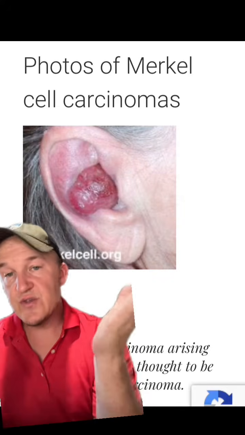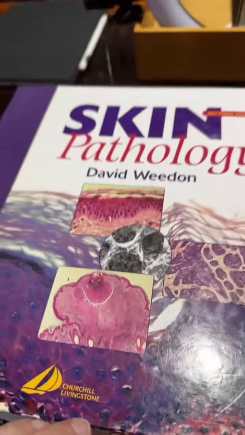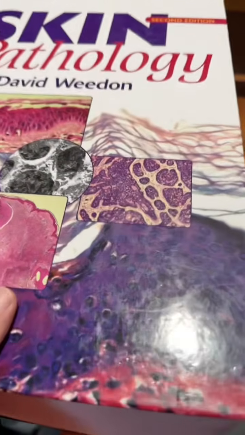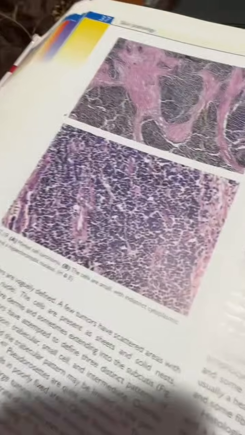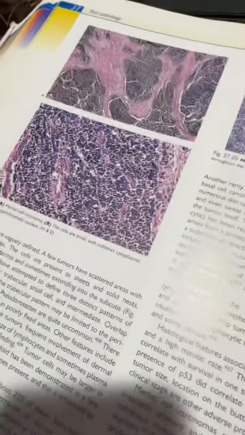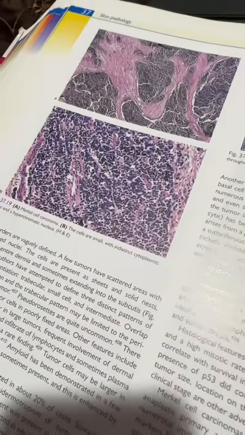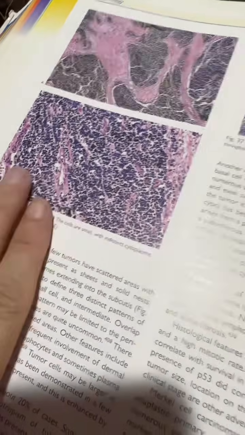Okay, so what do these look like under the microscope? All right, we've got the skin pathology book here. This book actually has like 1,000 pages in it, but we're going to go to the page that involves the Merkel cell. So you don't really have to know a ton about histology and microscopic examination to know that this is bad.